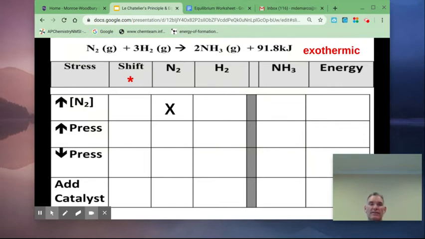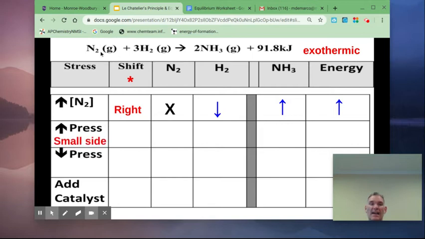So if I add N2, as you're thinking, that's correct. Add shifts opposite. N2 is on the left, so it's going to shift to the right. And therefore, the left side goes down, but the right side goes up. Pretty easy. All right? Now, when it comes to pressure, remember, pressure only affects gases. They're all gases. Pressure affects the number of moles or the coefficient. So now I need to add up the sides.